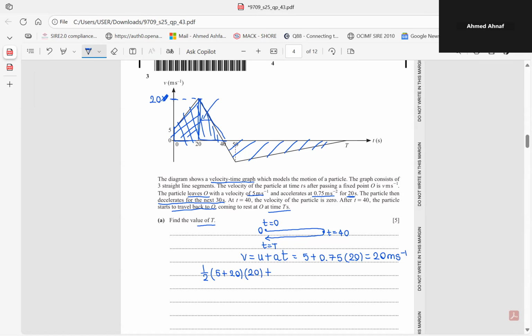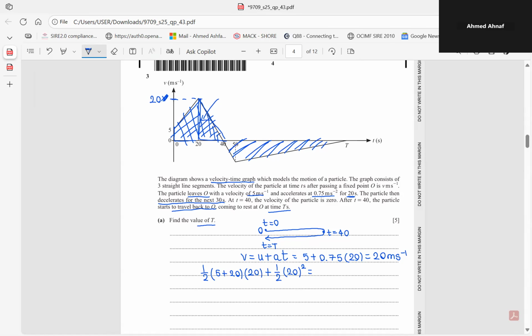And plus the area of this triangle right here. The base is 20 and the height is also 20, so half times 20 squared. This is equal to the area in here.